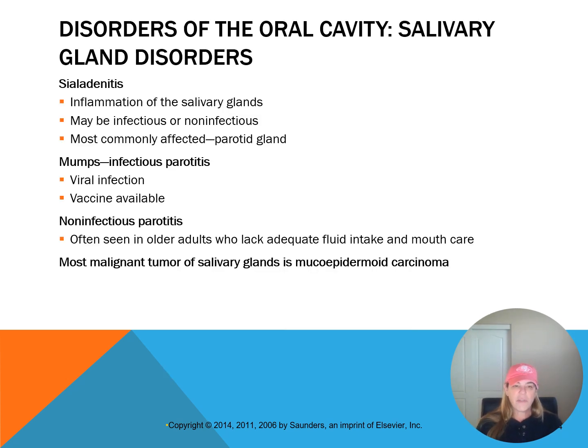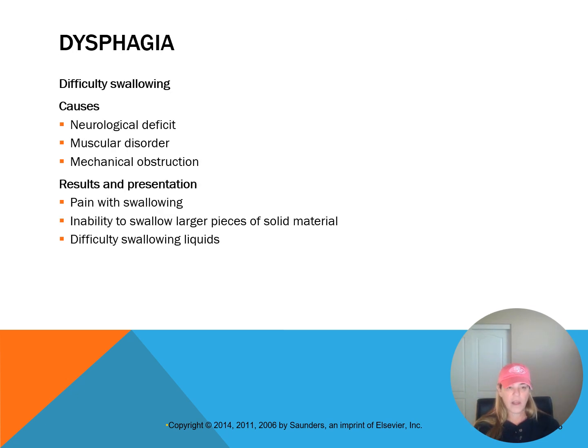Then you have salivary gland disorders: sialadenitis, mumps, infectious parotitis, and non-infectious parotitis. Those are disorders of your salivary glands and oral cavity. Dysphagia, difficulty swallowing, can be caused by a couple of different reasons. A lot of times it's neurological deficits.